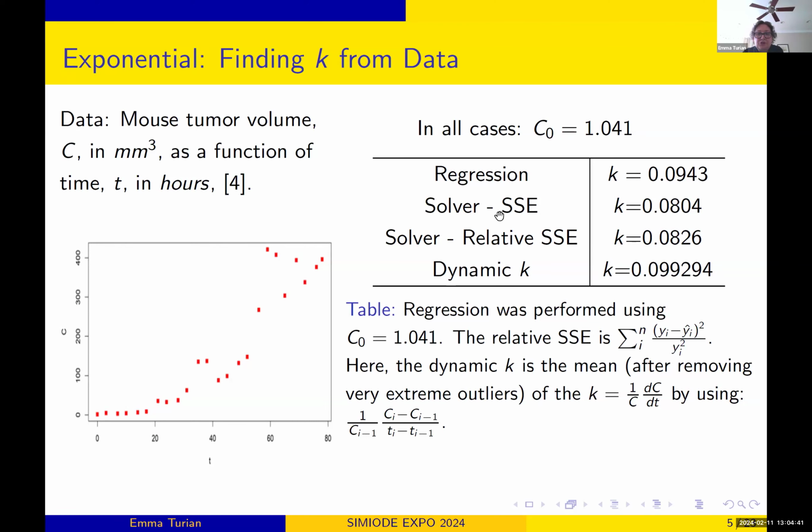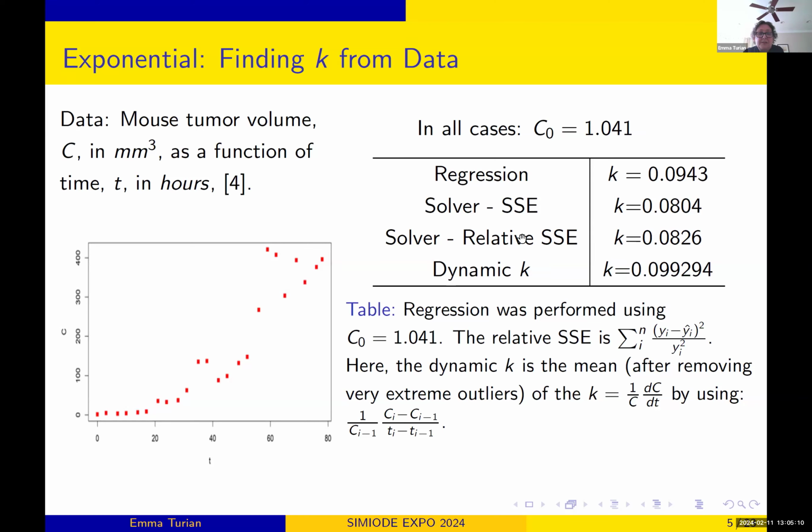If we use solver, and for solver we minimize the sum of square error, then we get a slightly different K value. If we use solver with a relative sum of square error, and the reason why a relative sum of square error is appropriate here is because the scattering is different, especially towards the end of this function.